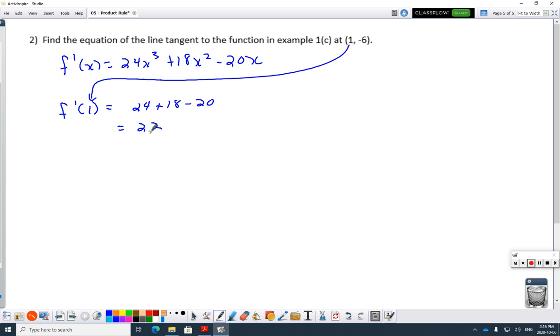I get 22. I have to check that so I don't make a mistake. If I put a 1 in there, I get 24, I get 42, I get 22.